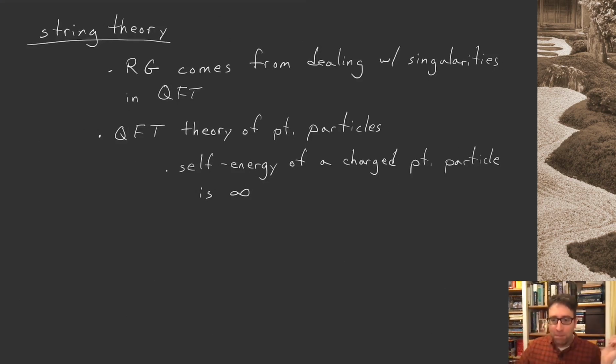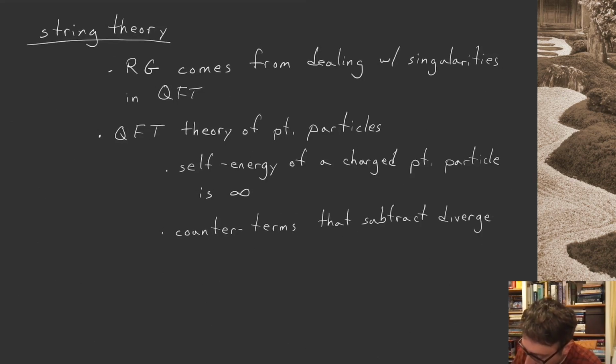So what did quantum field theorists do with these infinities? Well, they subtract them. They introduced counterterms to their Lagrangians and their actions that subtract the divergences. But then this opens up another can of worms, because the infinities are not just simple infinities often. They're infinities that often depend on the energy scale, and then the counterterms have to depend on energy scale, and these counterterms then introduce a scale dependence into the physics.